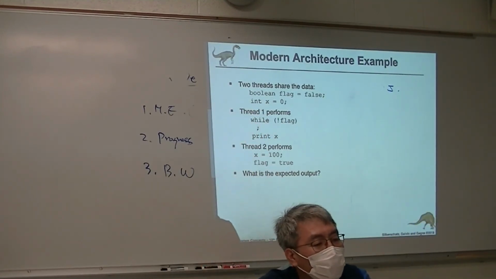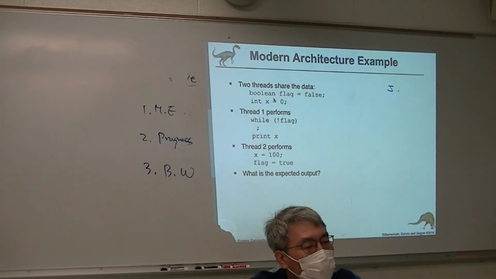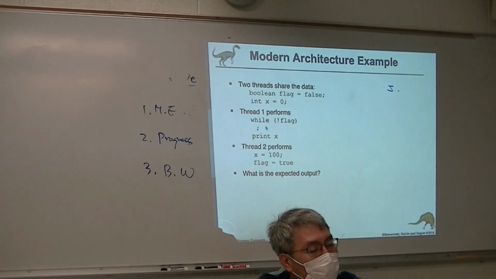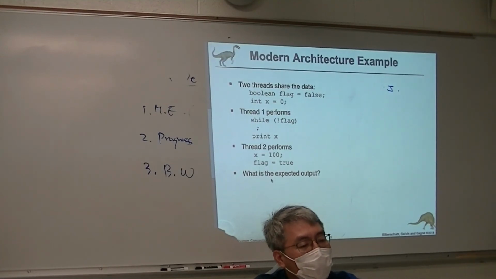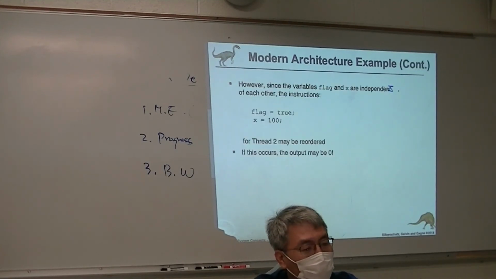So, for example, consider even two threads sharing data. Thread 1 would like to print x. First x is set to 0, and thread 1 is printing x, but thread 2 sets it to 100, and our expectation is what? Print 100, right? But it may be 0. Why?